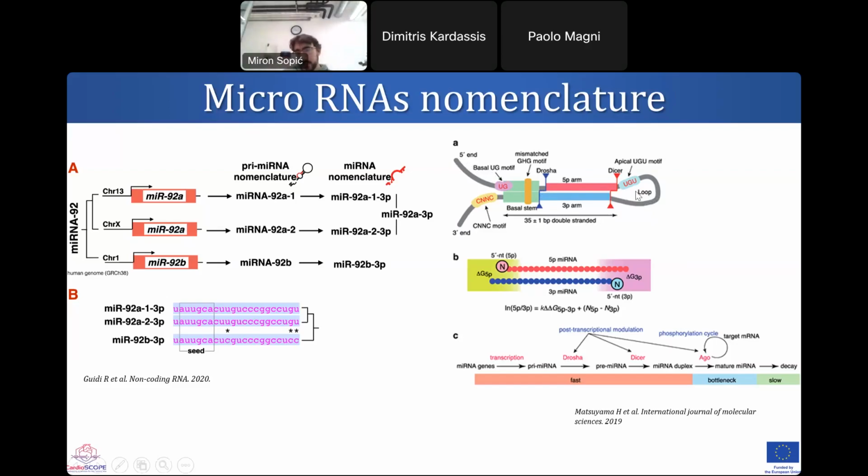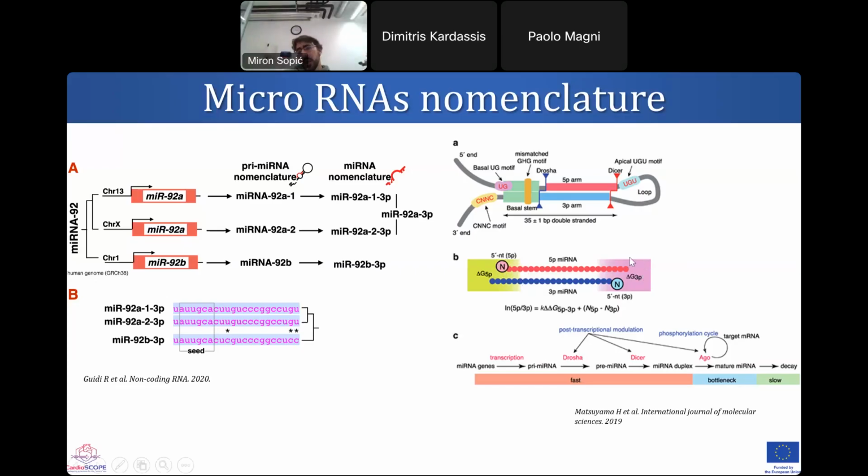But when you cut the loop by Dicer, then again you will have 5' and 3' ends on both parts of this duplex. Now, this is the duplex that needs to be loaded on the RISC, and while it's loaded on the RISC, because RISC is not one protein but a very powerful complex, there is an Argonaute protein that determines which of these two arms is going to be the leading strand and which is going to be the passenger strand, which means that one is going to be designated to interact with the mRNA sequence and the other one is going to be destroyed.